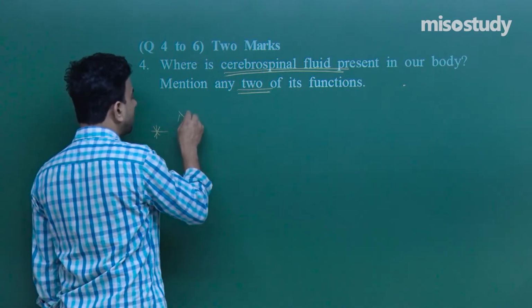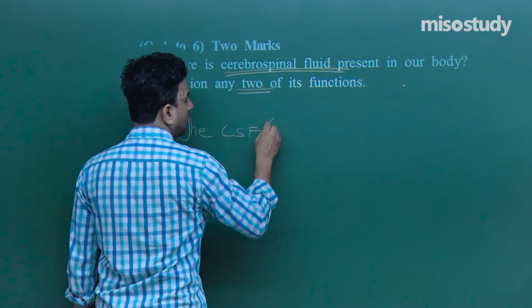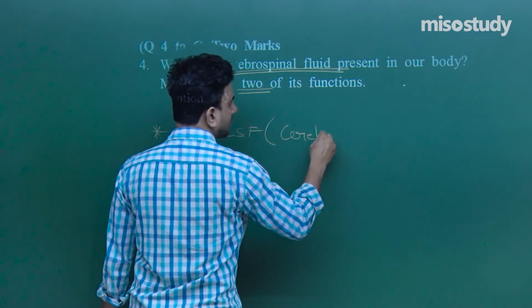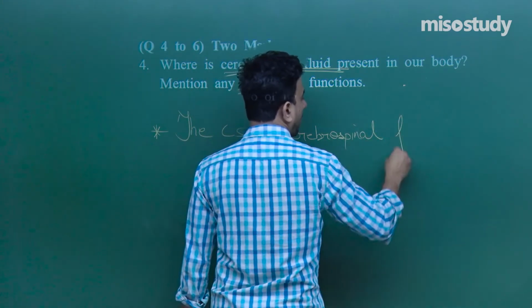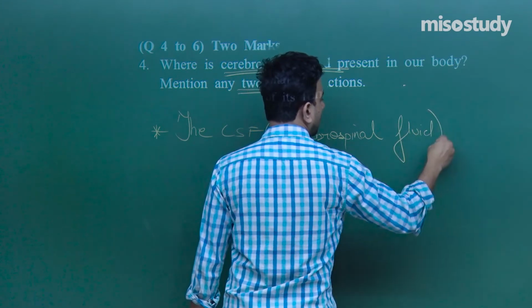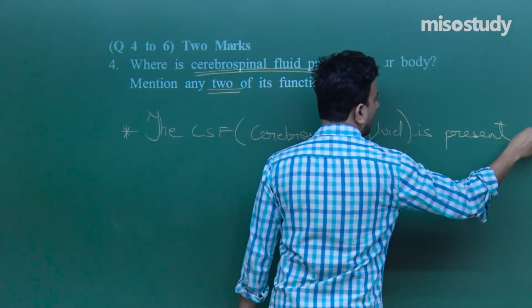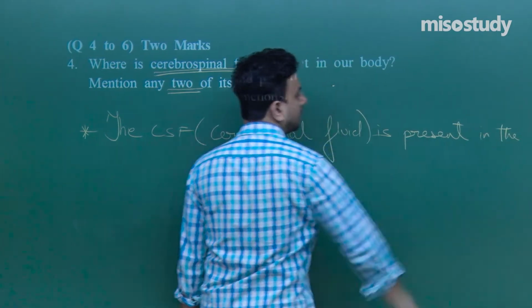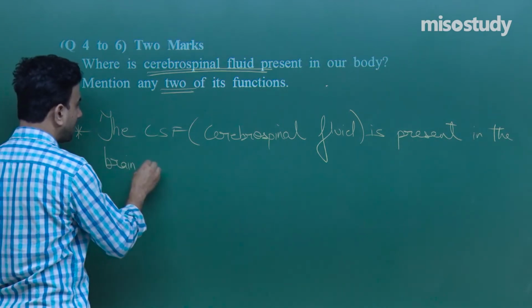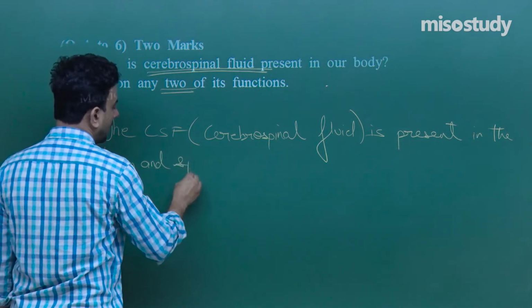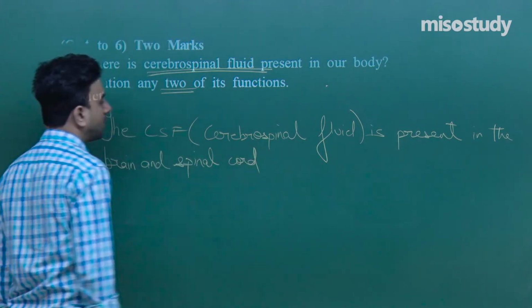The cerebrospinal fluid, the CSF, is present in the brain and the spinal cord.